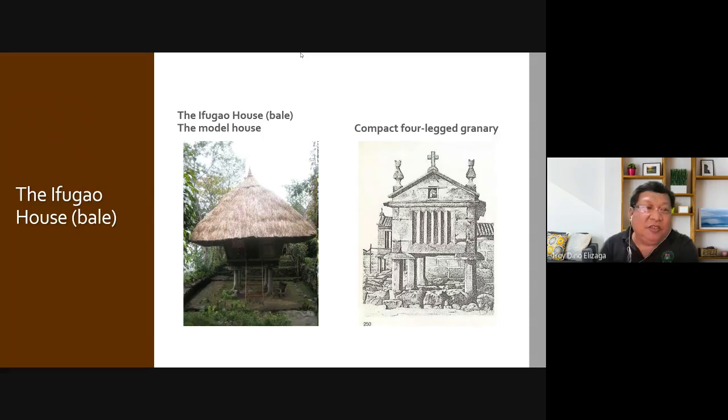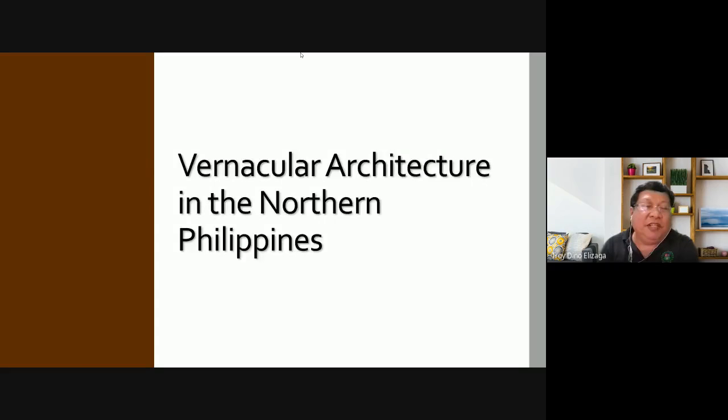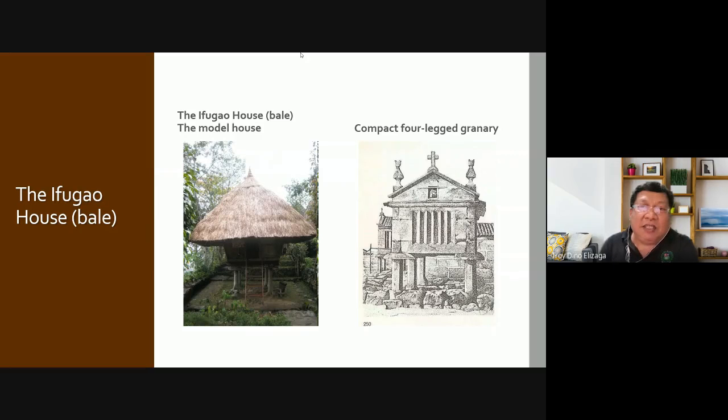So in northern Luzon, northern Philippines, the best example of a vernacular architecture is the Ifugao house. Now you might say, sir, it looks very refined. Okay, so of course, eventually after so many years, they refine what they create.